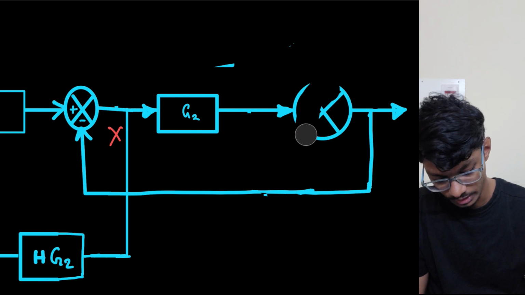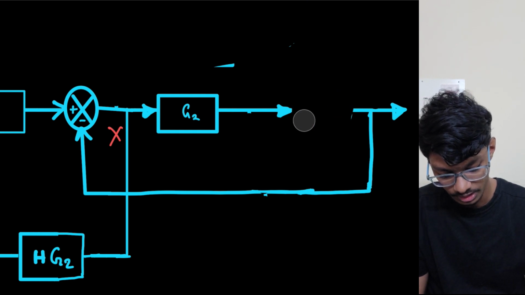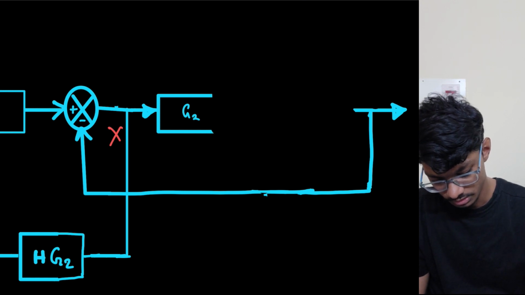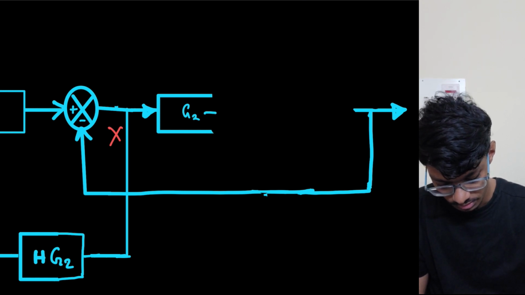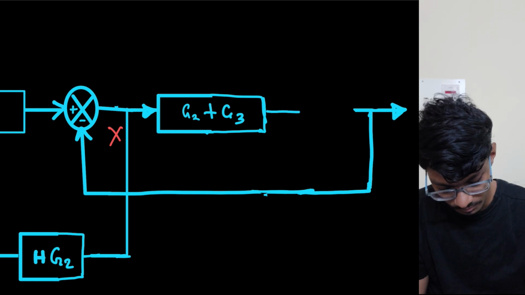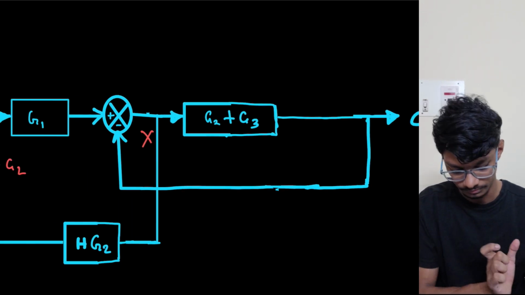Remove the adder over here. So the adder will be removed because I'm simply adding these two, right? So this equivalent becomes g1 plus g3. Okay, and we're taking the output from here.